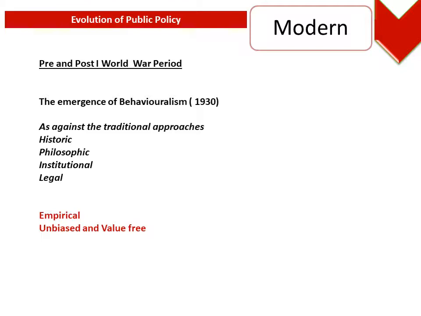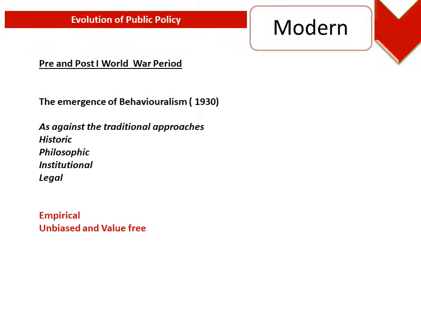So they brought a new kind of approach, which is called the behaviorist approach. This approach demanded an empirical study, and they said that this kind of approach is very useful for studying political science and policy making. So it is empirical approach.